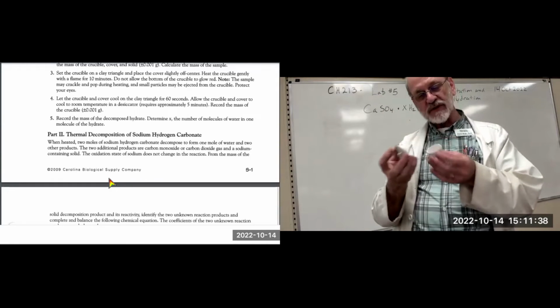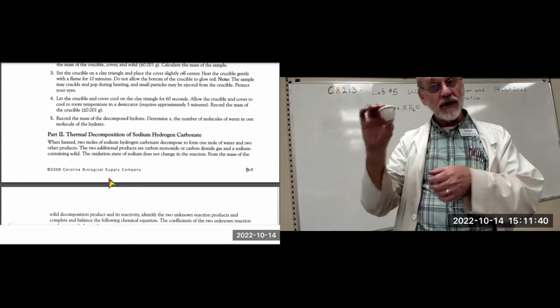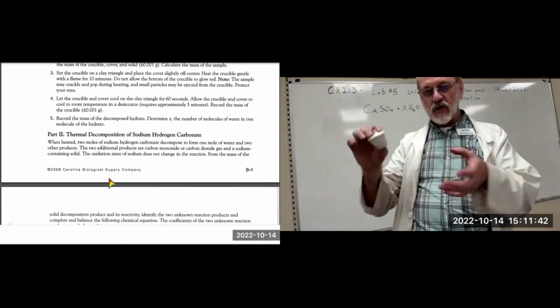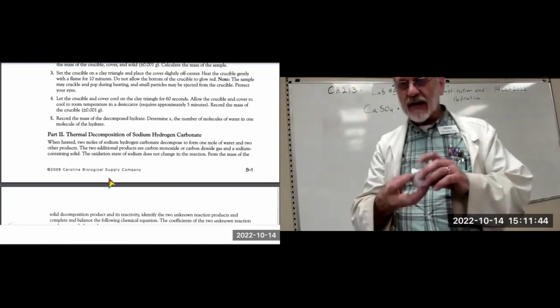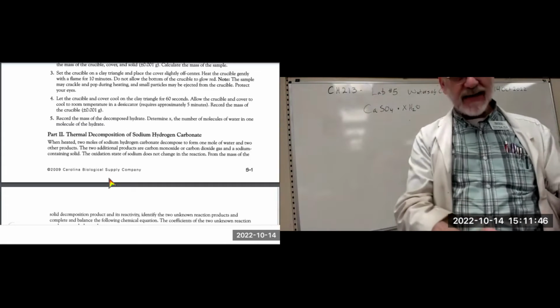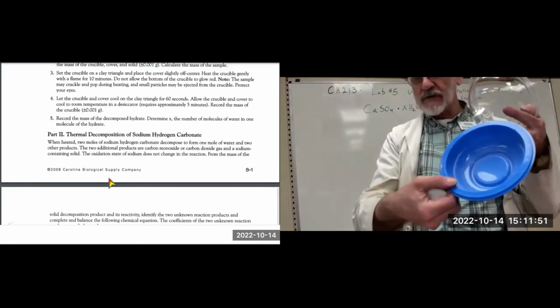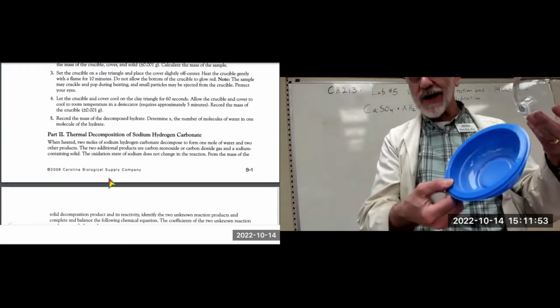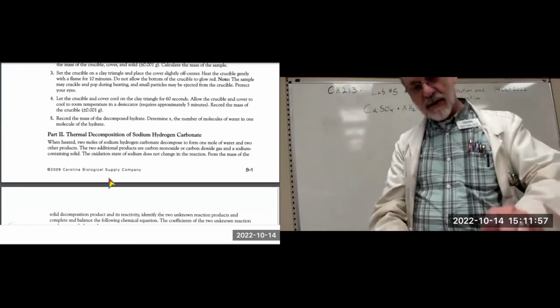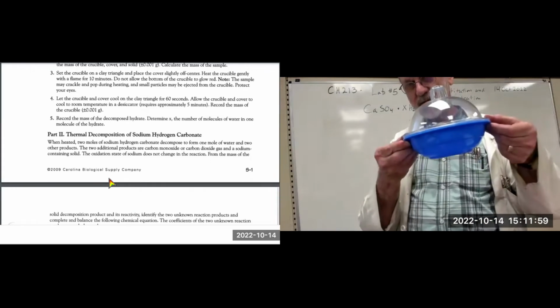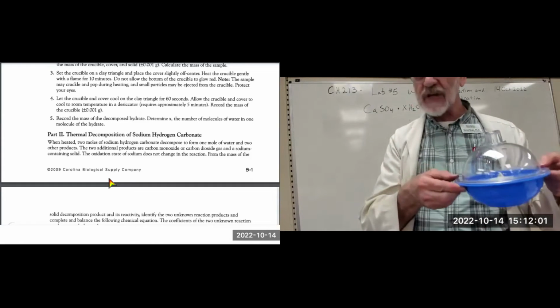And then when you put the material in it, you weigh it again with the lid. Then you heat it. And then you take it off the flame and you cool it down in a desiccator, like this. You put a substance in the bottom called dryerite, and then you put your hot material in here, put the lid on it, like that, and let it come to room temperature.